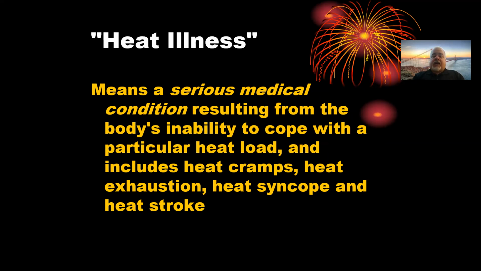It means a serious medical condition resulting from the body's inability to cope with a particular heat load and includes heat cramps, heat exhaustion, heat syncope, and heat stroke. So heat syncope, you're getting dizzy, possibly fainting, and heat stroke is near death. And it can be surprising how quickly this can happen.